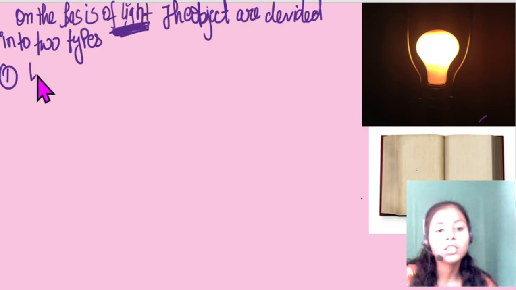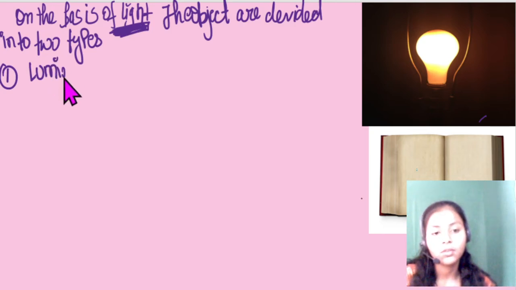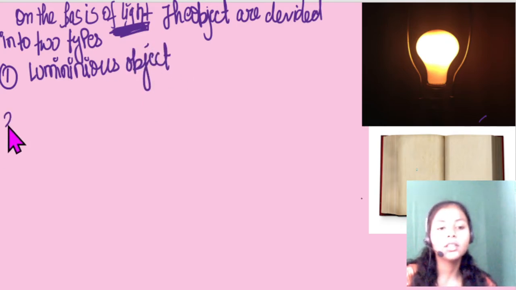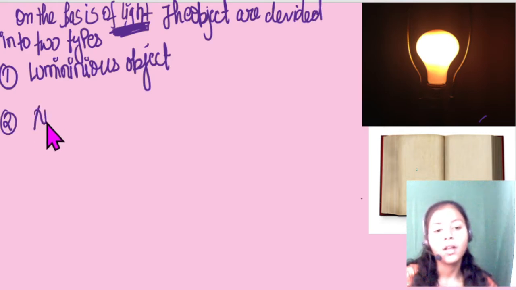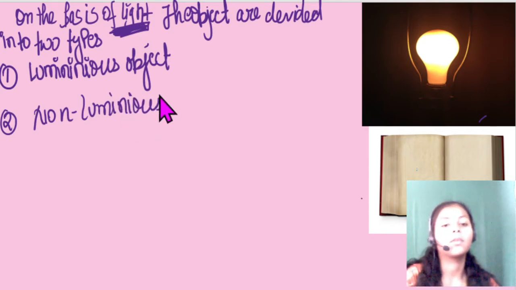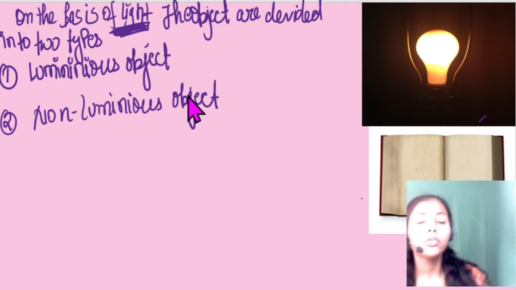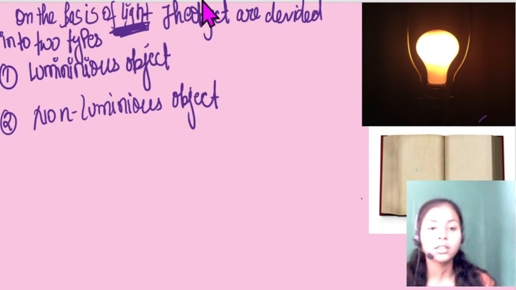The first one is luminous object. Second one is non-luminous object. So what do you understand about this word luminous? It means something which is visible, which has its own light.